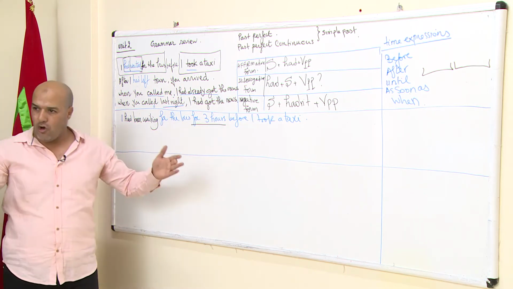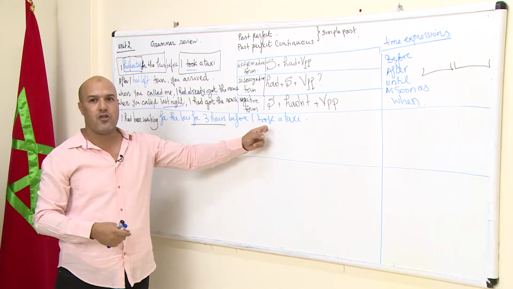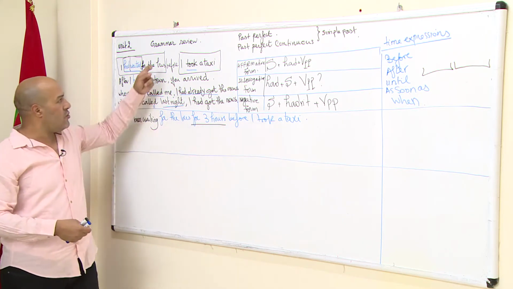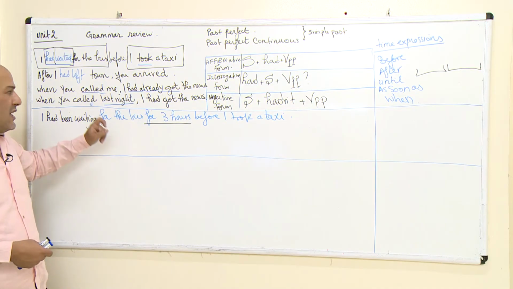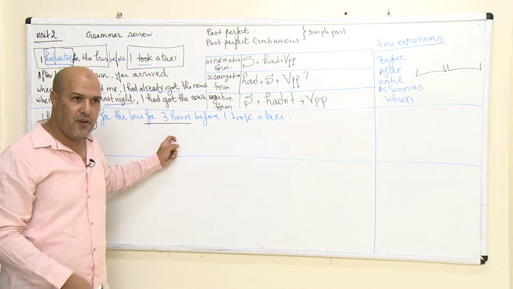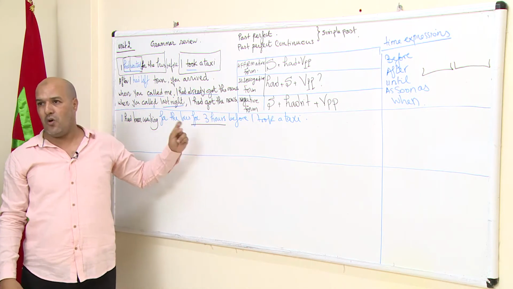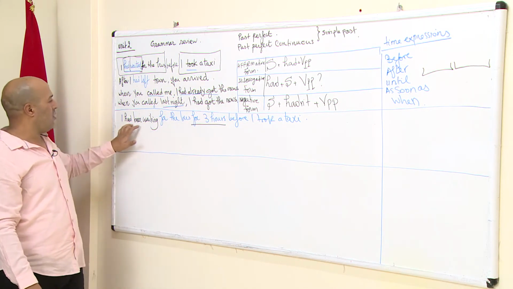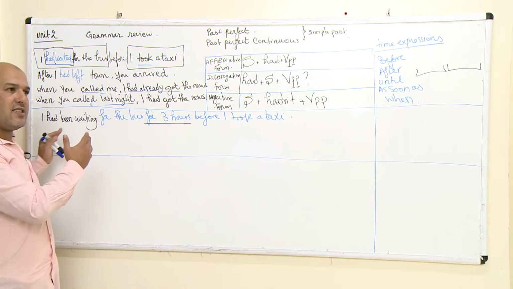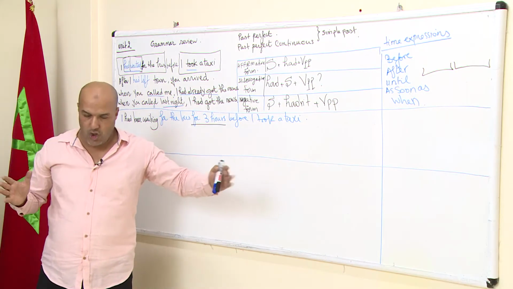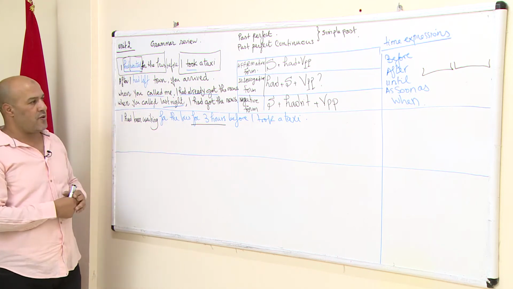That means for a long period of time before I took a taxi. So these two sentences may seem the same, but there is a little detail here: in the second sentence, we specify the duration of the action, which makes us use the continuous form. And the continuous form of the past perfect indicates that the action is long. It's not short.